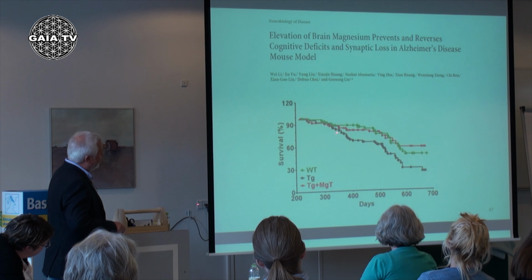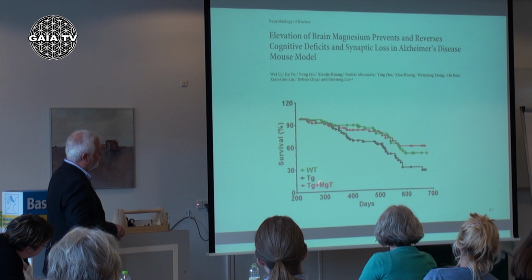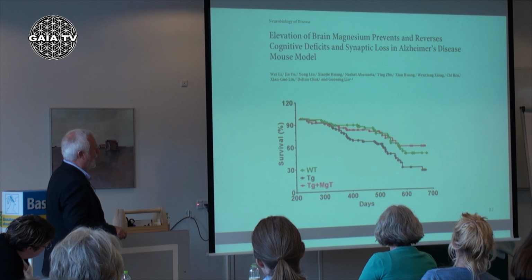And you see the animals with this transgenic defect, they die earlier. However, if you supplement them with magnesium, in the magnesium treated group here, you have the same survival compared to the wild type group. So really in these animal experiments, magnesium was effective simply by elevation of brain magnesium.